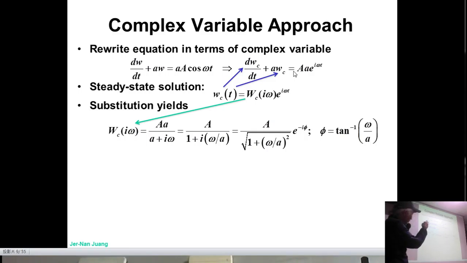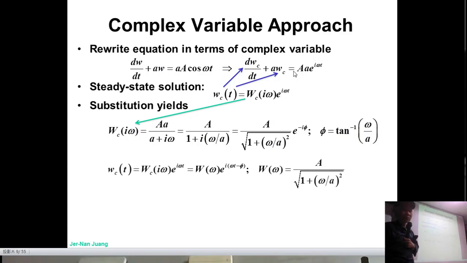Except now on the right-hand side we have the exponential of minus i phi, and that phi is the arctangent of omega divided by A. That's also the phase angle we got. Agree? So this is much easier for us to solve differential equations. But after we solve it, we just have to be careful that the imaginary part doesn't have any physical meaning. Make sense?